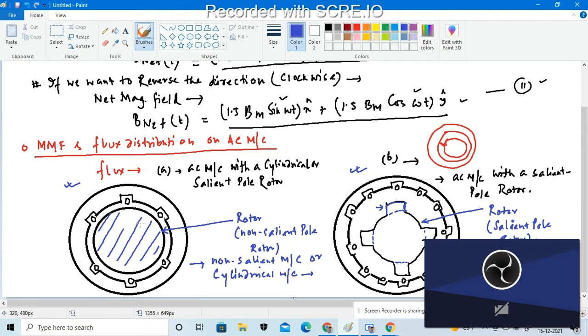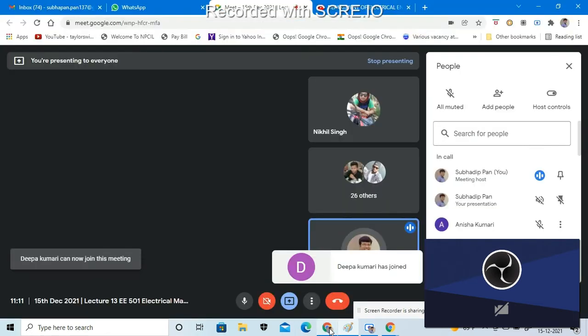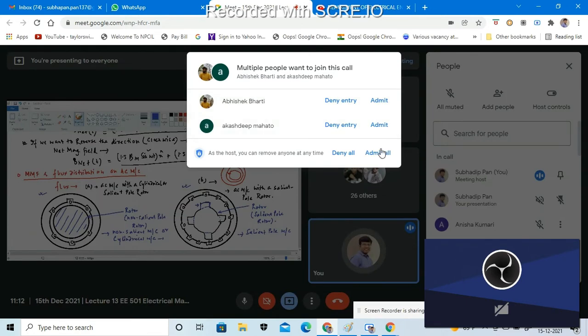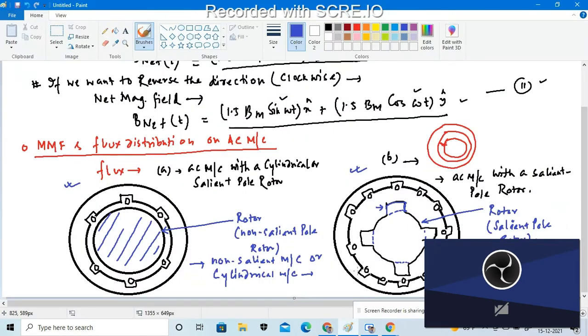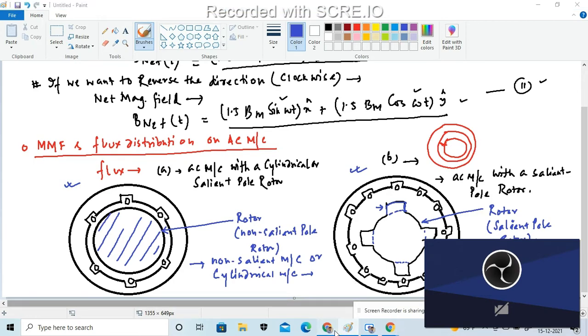In the discussion so far, we are mainly emphasizing the cylindrical rotor rather than the salient pole rotor. The construction of the salient pole rotor will be discussed in the next module. So in this module, our main emphasis is on the cylindrical rotor, or the non-salient pole machine, right?